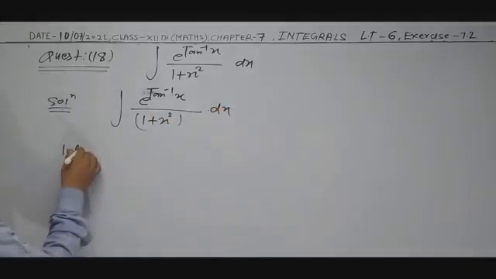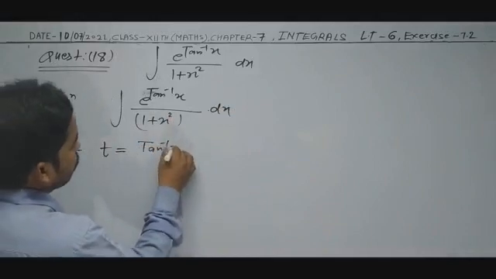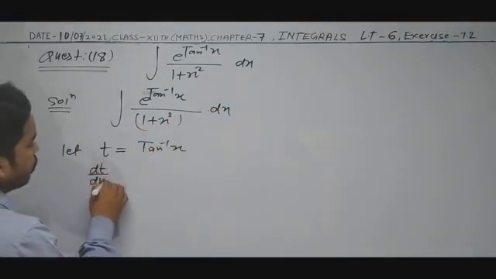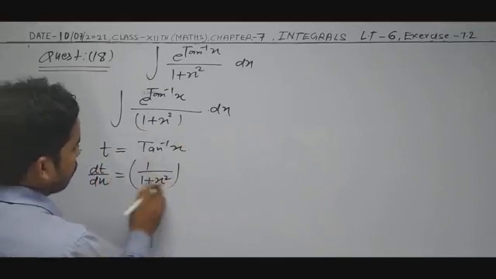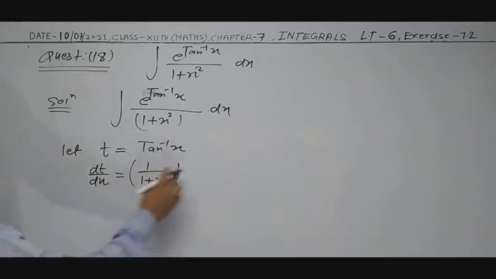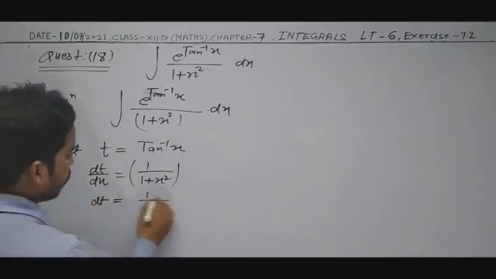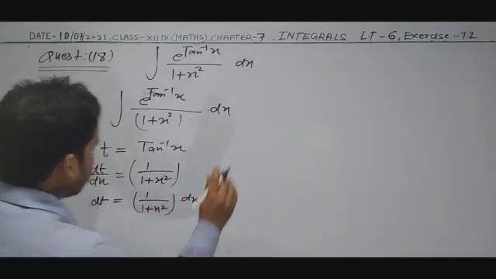Let t is equal to tan inverse x. Now dt by dx will be 1 upon 1 plus x square, and dx will transfer to the right hand side. So the result will be dt is equal to 1 upon 1 plus x square dx.